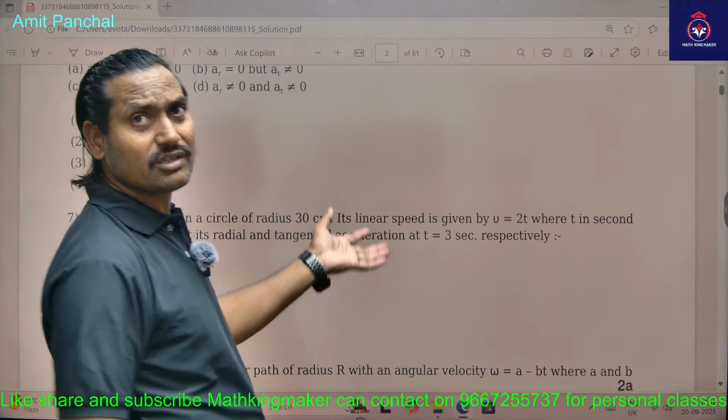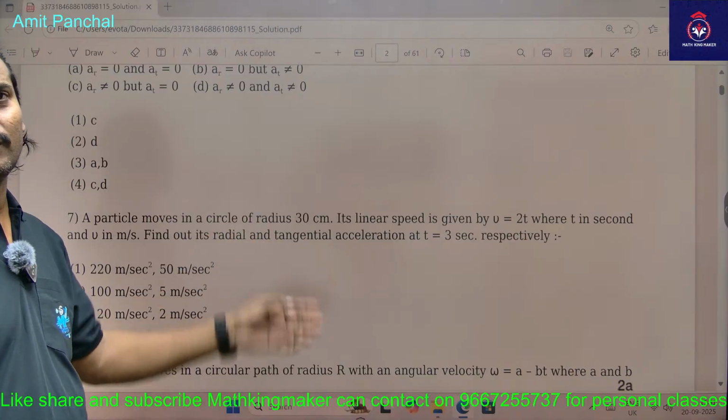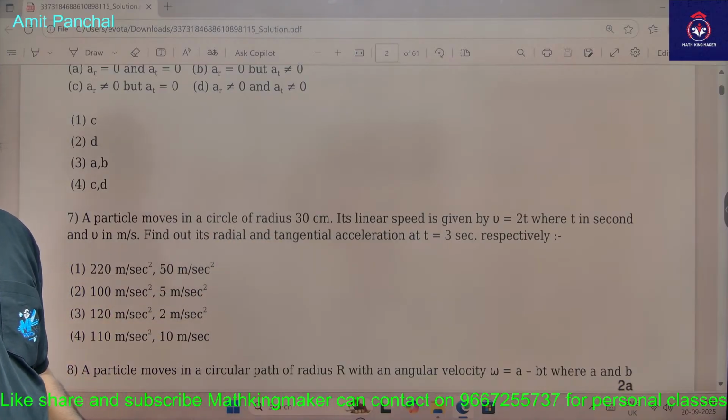Radial acceleration is just because of your centripetal force. So you need to find the centripetal force, and then do F is equal to ma; divided by m, you will get your centripetal acceleration. Okay, so I think the third option must be right.